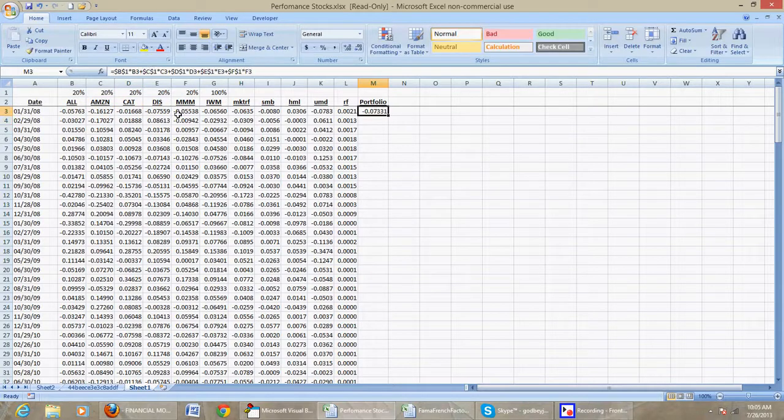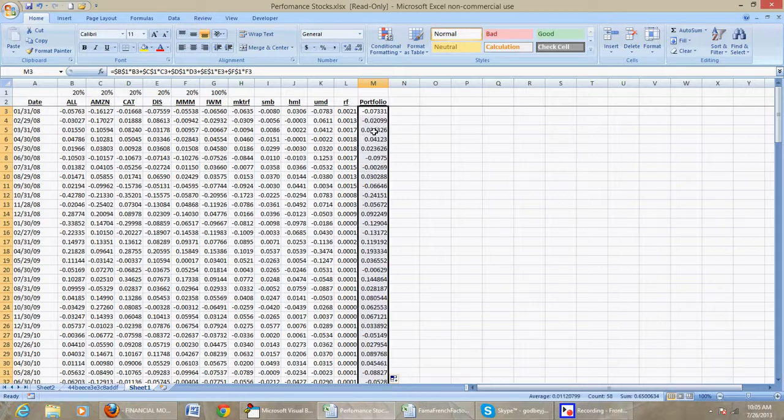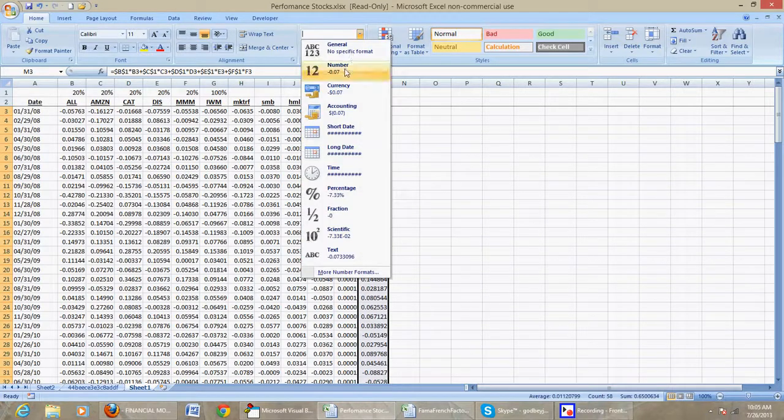So that is the return for the first month of my portfolio. Double click that down. Those are the returns for all the months.